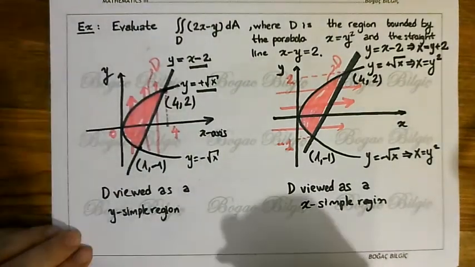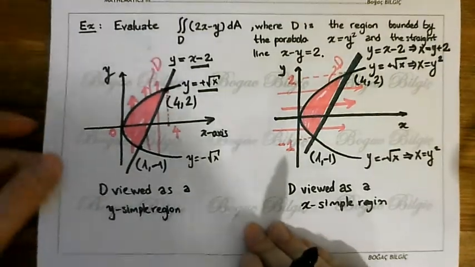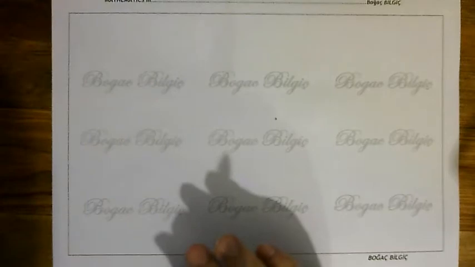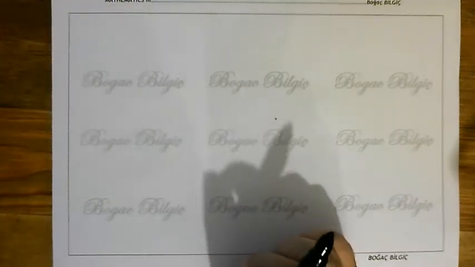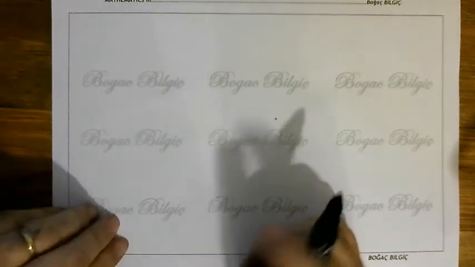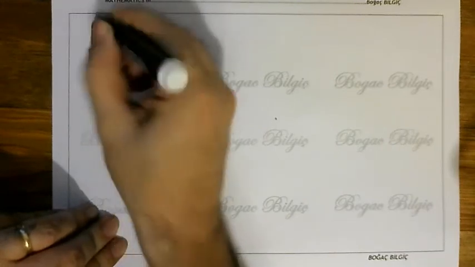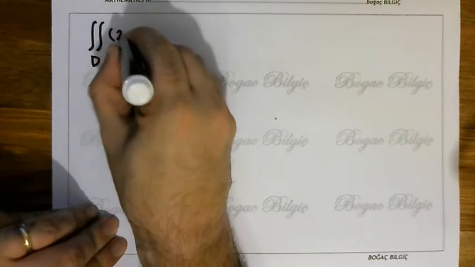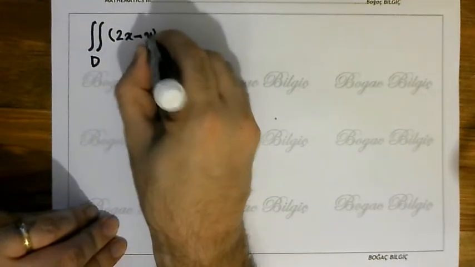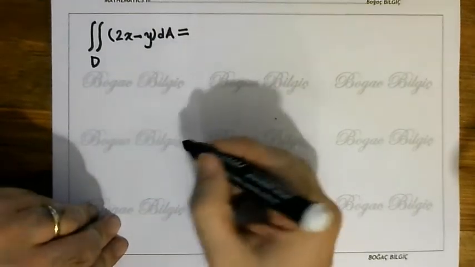Firstly, we choose this, viewing D as a y simple region and using Fubini's theorem, we write this double integral on D of 2x minus y dA.